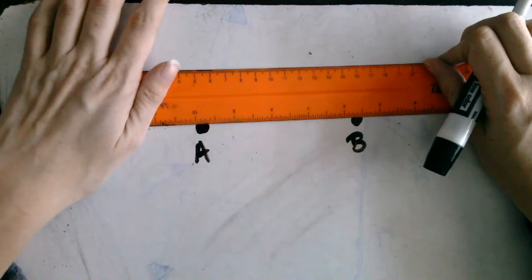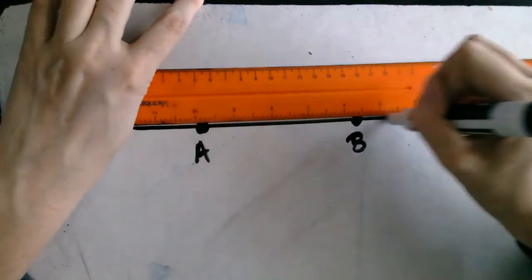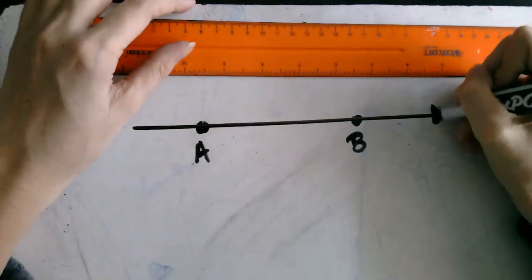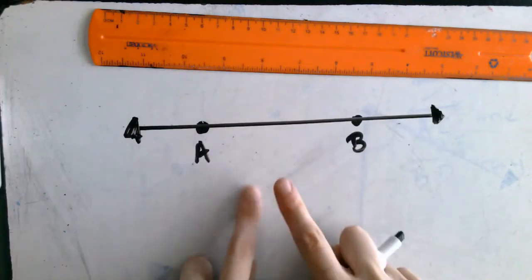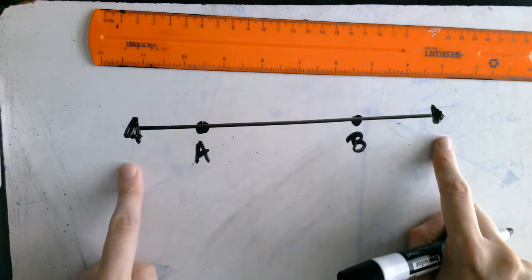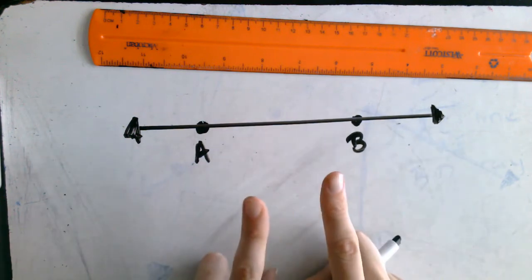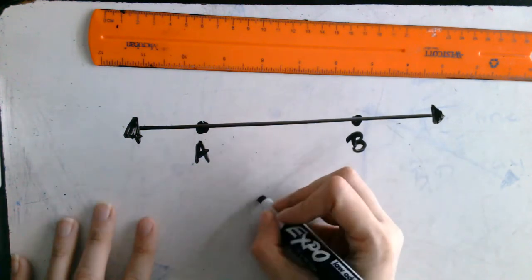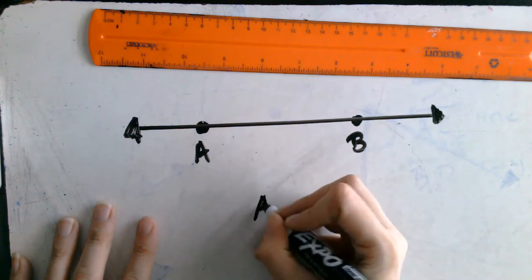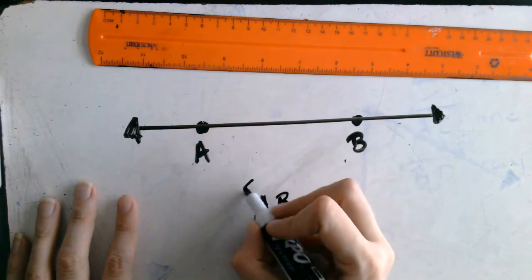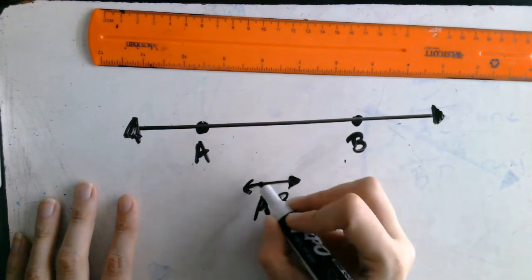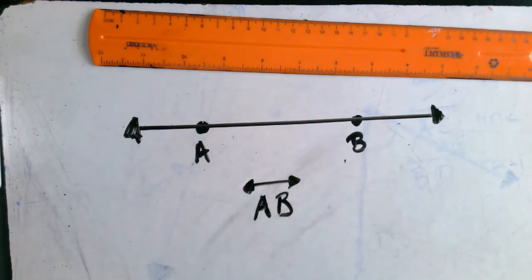If I were to draw this, it is a line because it has 2 arrows. Your job on your whiteboards is to draw the symbol and hold it up. That means I'll see the 2 letters and you'll draw a tiny line across the top.